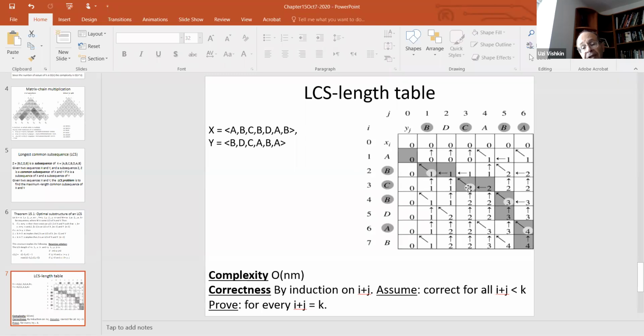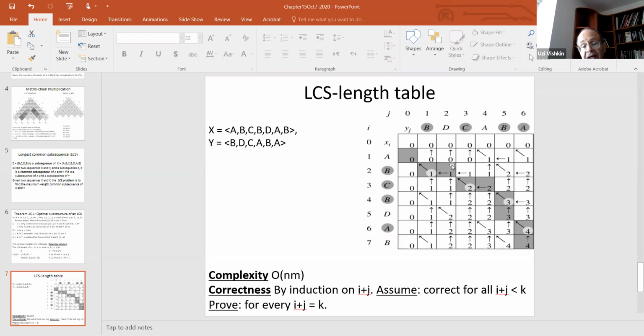The big picture here, and that's the big picture of dynamic programming, is that you are unready when you start filling up the table. You really have no clue how to advance.